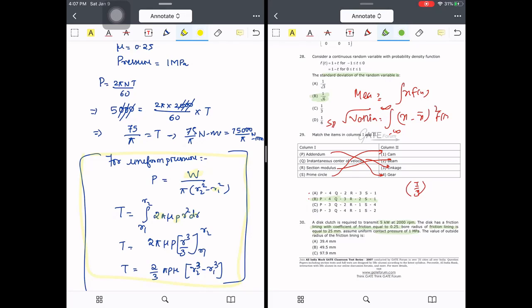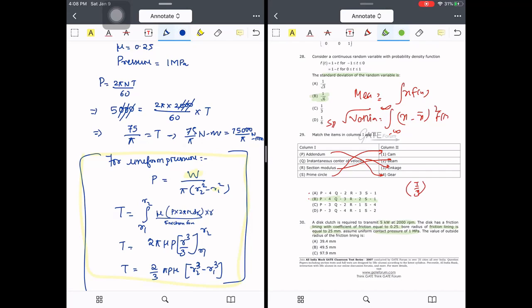So what is this friction, and where is it coming from? This friction is nothing but the pressure into the area, 2 pi r dr, multiplied by r. So it is mu, the friction coefficient, times the force p into 2 pi r dr into r.